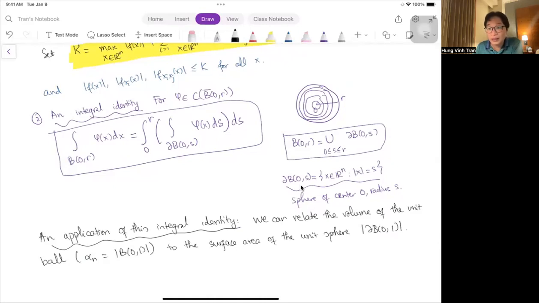The surface area can be written with the absolute value of the sphere.